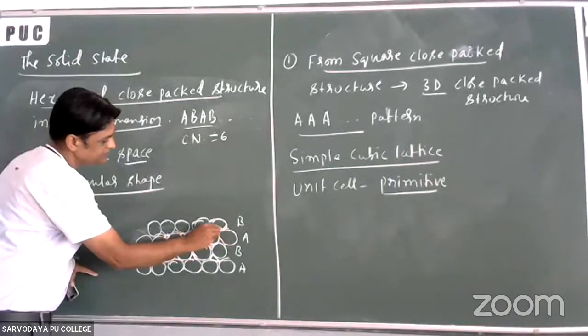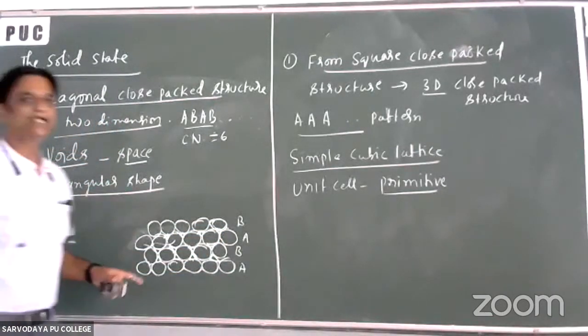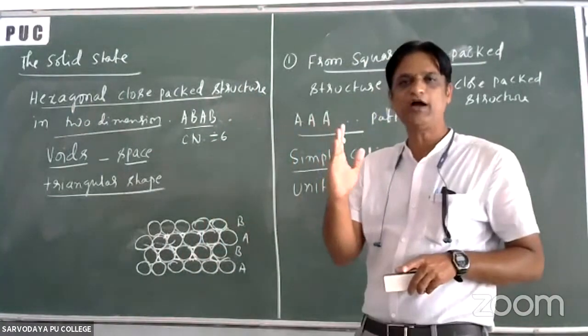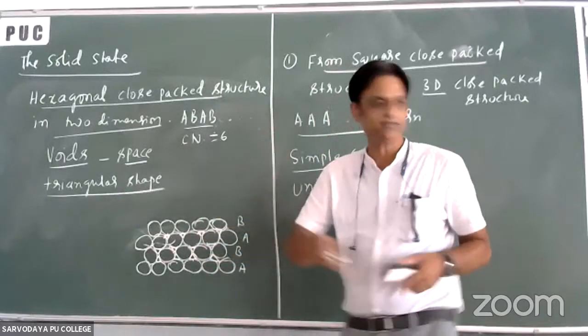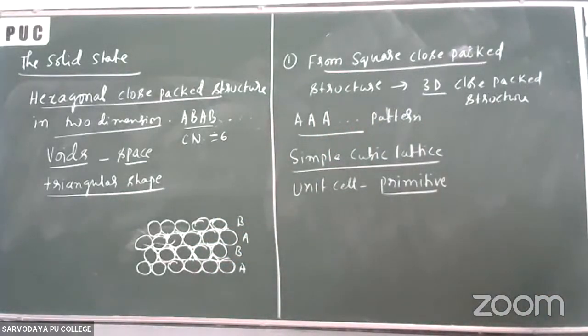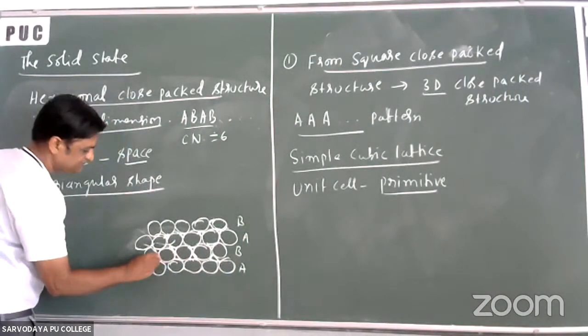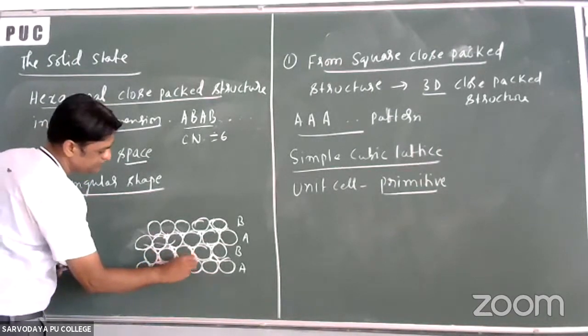So the triangular voids which are created, they are not same. In one layer, apex is pointing upwards. In another layer, apex is pointing downwards. See here, apex is pointing upwards in this layer.